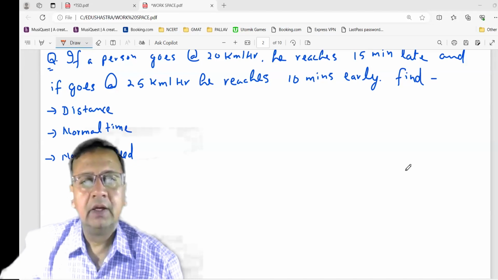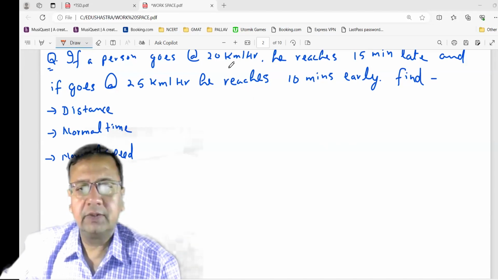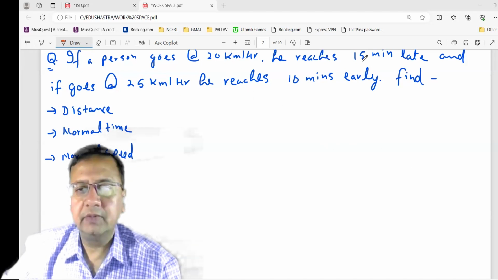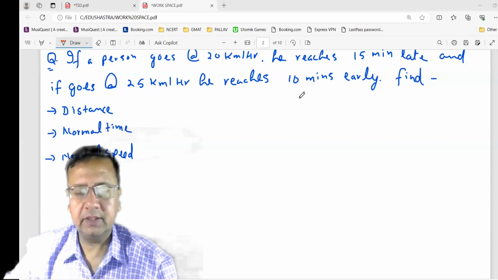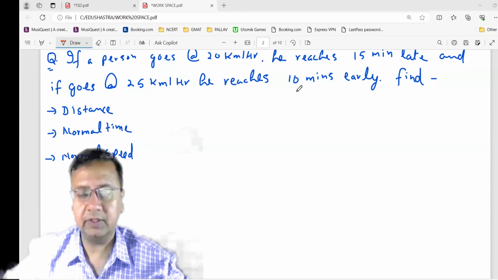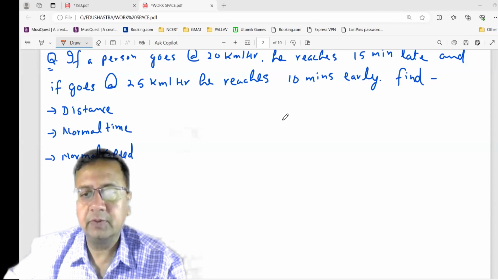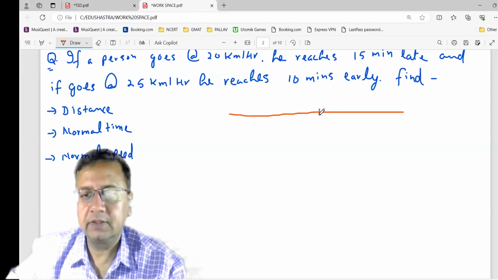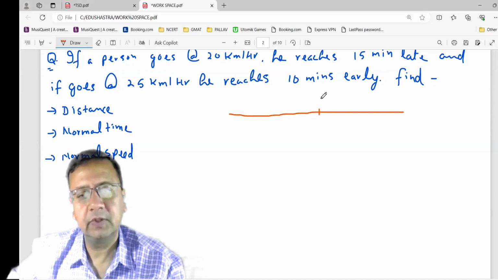So this is a person who goes at 20 km per hour, reaches 15 minutes late, and if he goes at 25 km per hour, reaches 10 minutes early, right? In time, speed, distance, the visualization is very important. So suppose this is some timeline, and this is the normal time.